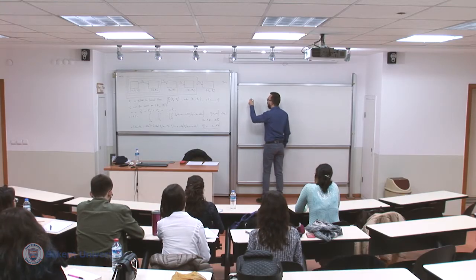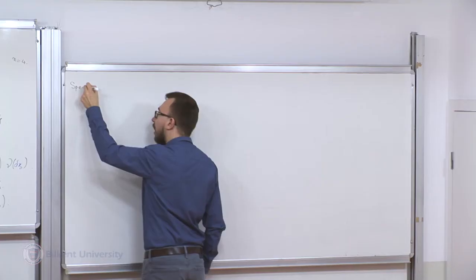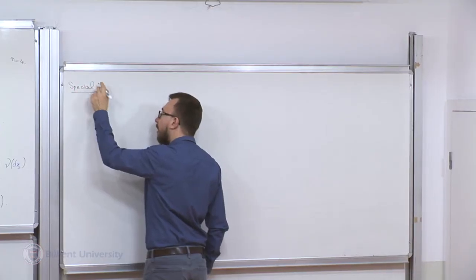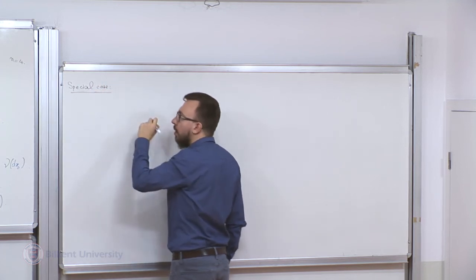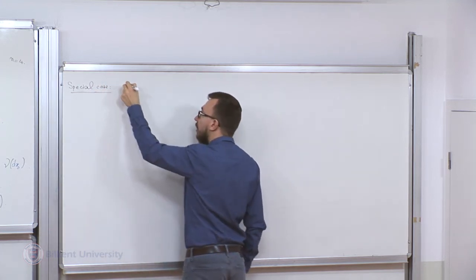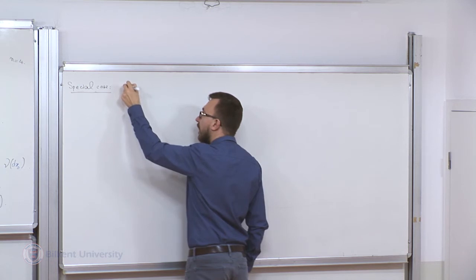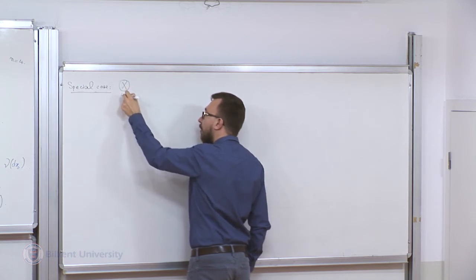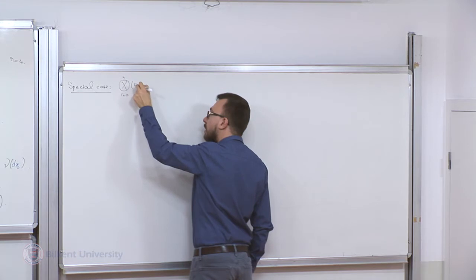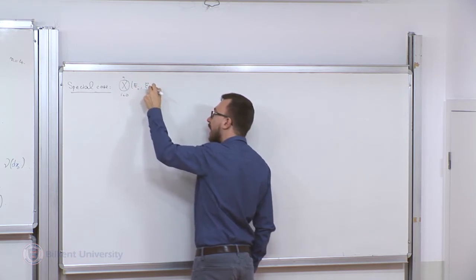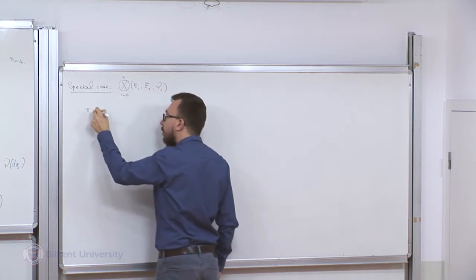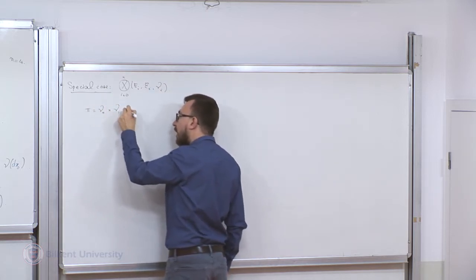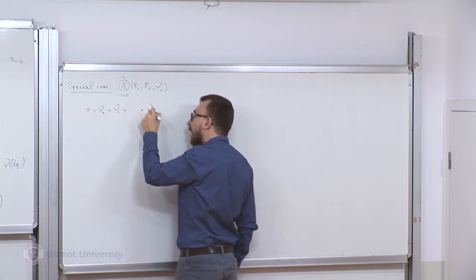So one special case is when you have just free coordinates. Let's just look at the product of E0, EI, script EI, and nu I. So you have pi equals nu 0, nu 1, nu n.